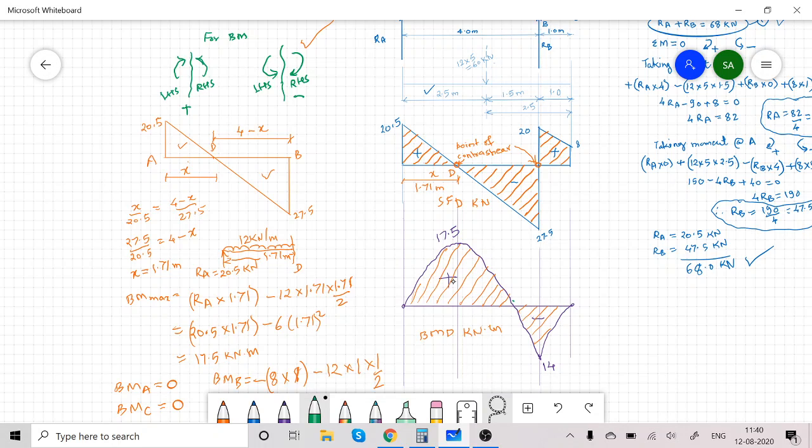Now note down this point. This point where the bending moment crosses the baseline is known as point of contraflexure. Remember, flexure means bending, contra means opposite, where the bending moment changes sign from positive to negative.